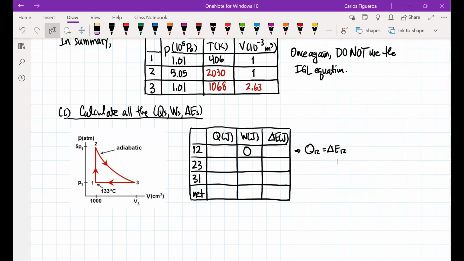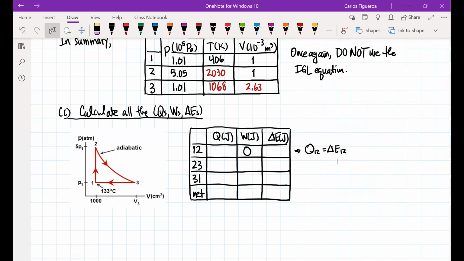Then I look at the work and the internal energy. This is going to be negative 356, and this will be minus 356. And we just calculated our work, which is positive 165. So I just need 2 more quantities to calculate.